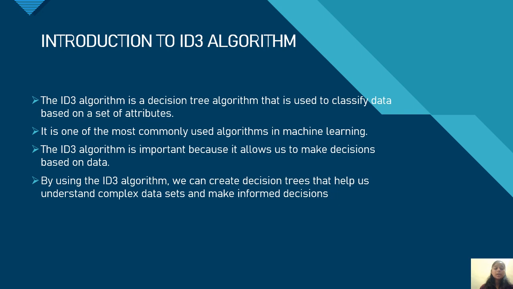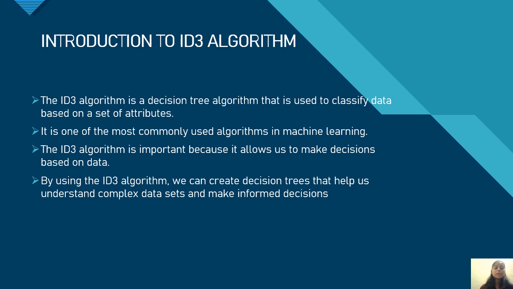By using the ID3 algorithm, we can create decision trees that help us understand complex data sets and make informed decisions. So with the ID3 algorithm, we are going to classify the data based on a set of attributes.